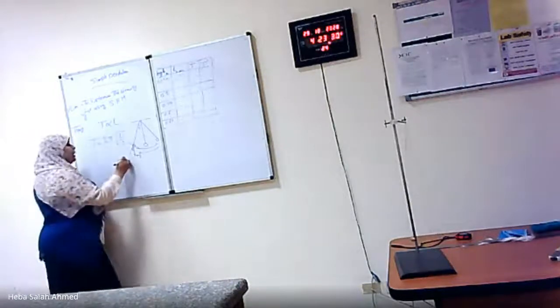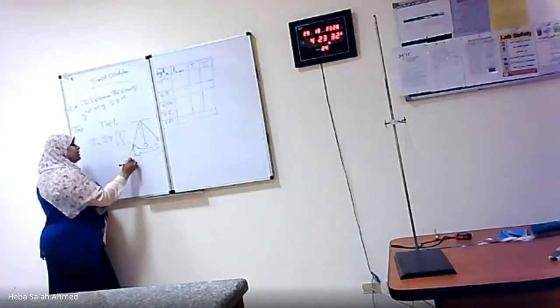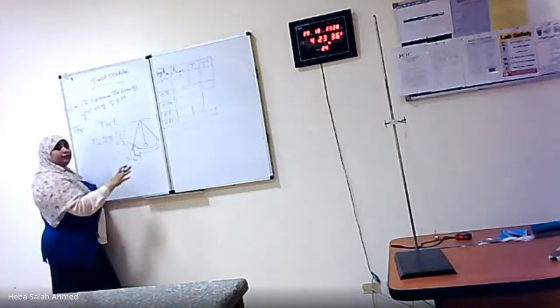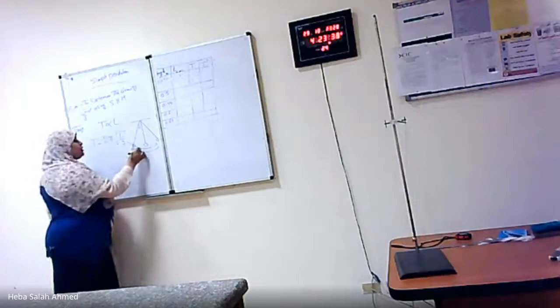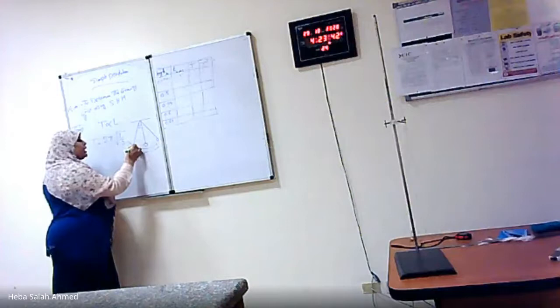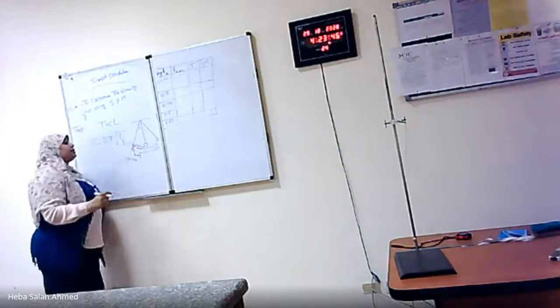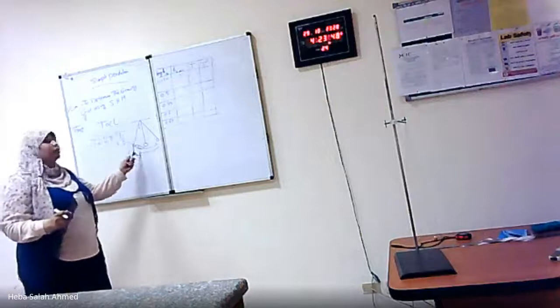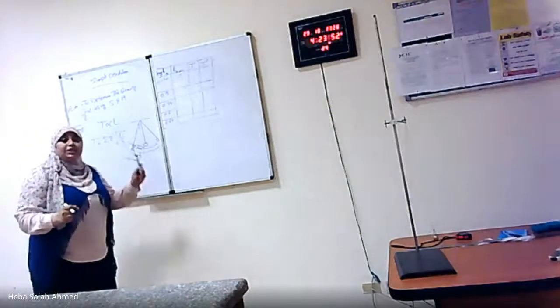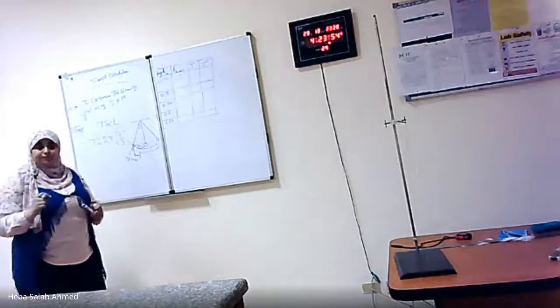Here we have mg cosine theta as a force pointing down, which is not affecting the simple harmonic motion. But in the same direction of the simple harmonic motion, we have mg sine theta. So the resolved perpendicular component of the weight is what creates the simple harmonic motion.